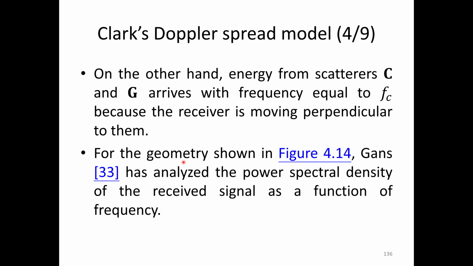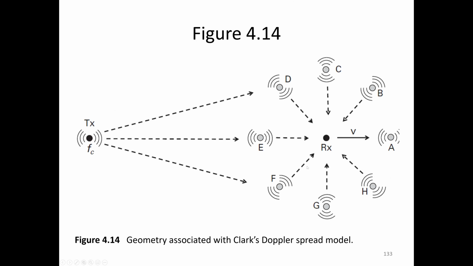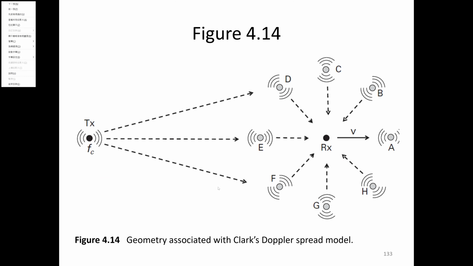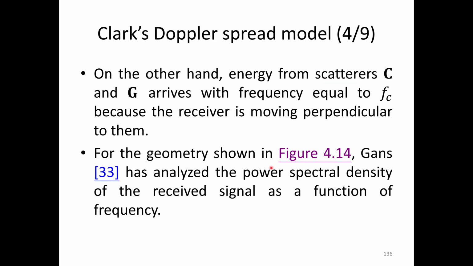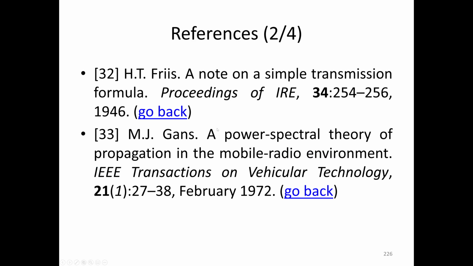Okay, for the geometry shown in figure 4.14, okay, let us go to figure 4.14 again. Okay, this figure. Okay, Gans reference 33. Okay, let us look at reference 33.